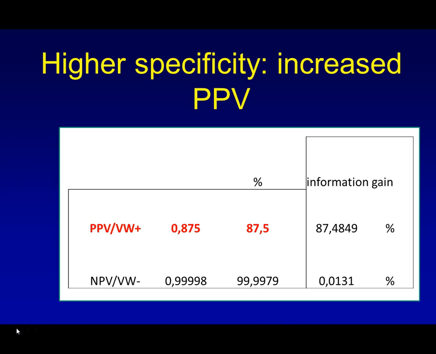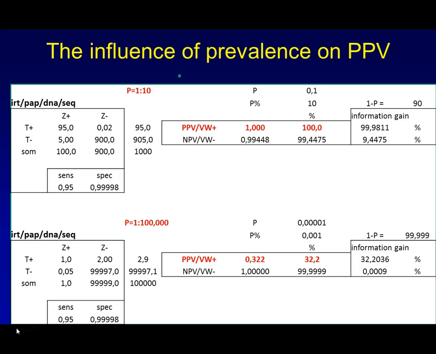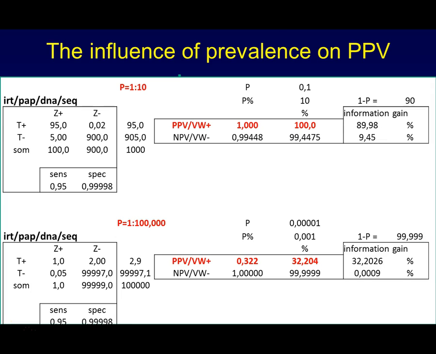Not only specificity is influencing the positive predictive value, also the prevalence of the disease. This slide shows us the influence of the prevalence on the positive predictive value. Not only specificity is important, but also the prevalence of the disease.